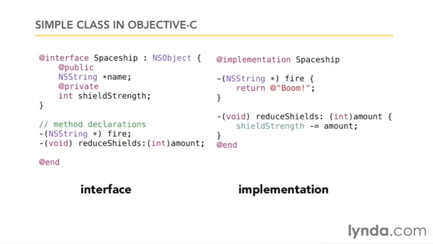And as you can see, there's quite a bit more that it throws into the mix. The biggest difference with these kind of languages is that we have the interface that says what exists. In fact, we have the comment here that says the method declarations are here. We're saying what methods exist, fire and reduce shields. But in the other file, the implementation is where we say how they do what they do.